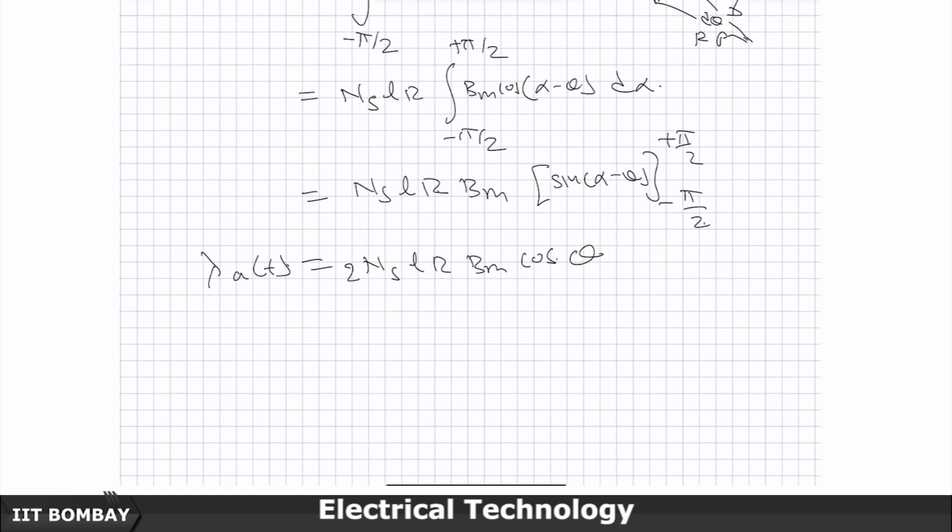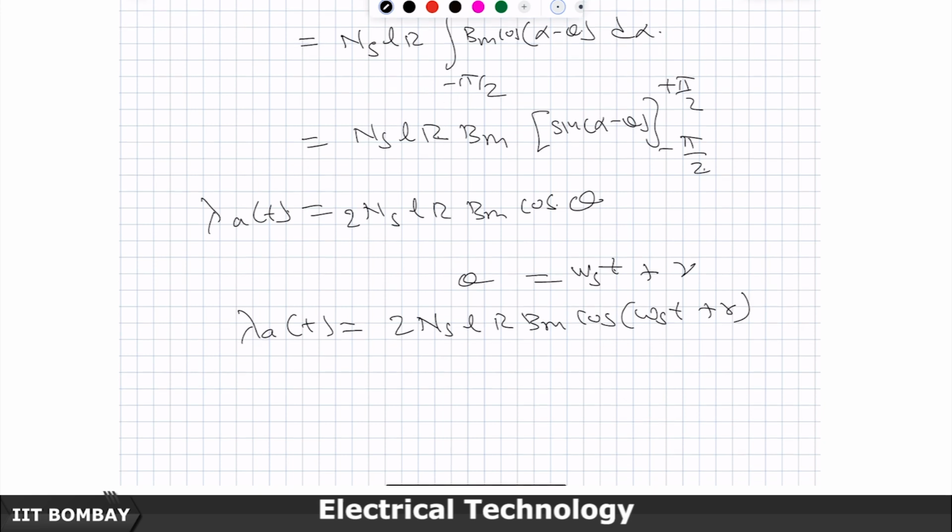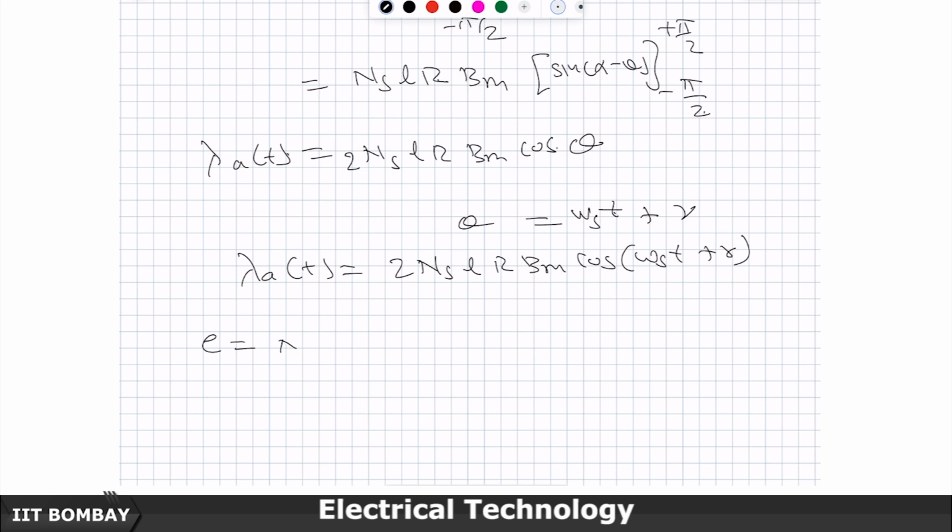Now, if the rotor was having an initial angle of gamma and was rotating at a synchronous speed omega s, then the flux linking it will have a sinusoidal variation in time, and the induced EMF being d lambda A with respect to dt will become 2 Ns LR Bm.